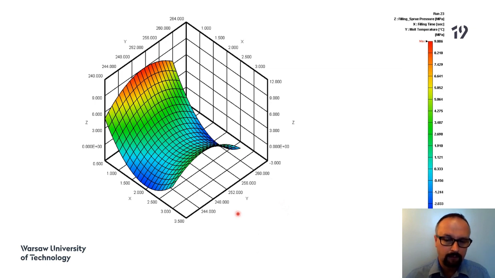And that is interesting, I would say. Why is it so? Why for the lowest possible temperatures of our melt, do we have the lowest sprue pressure?